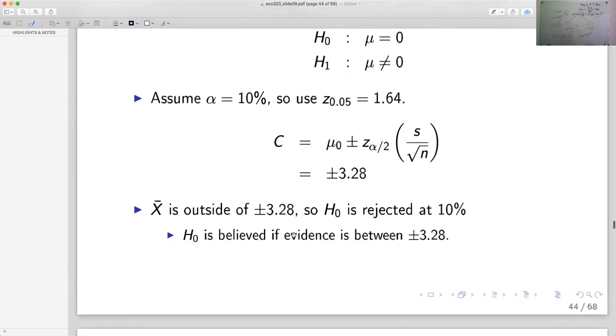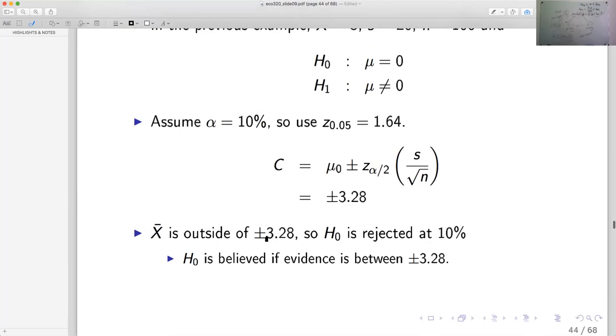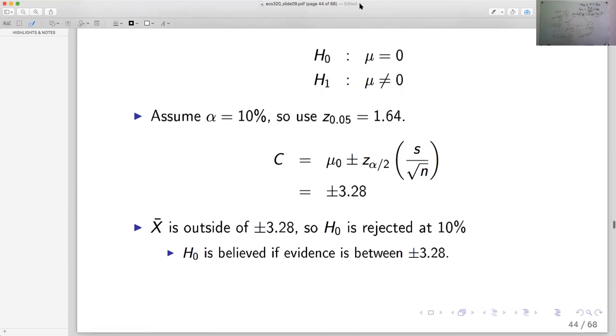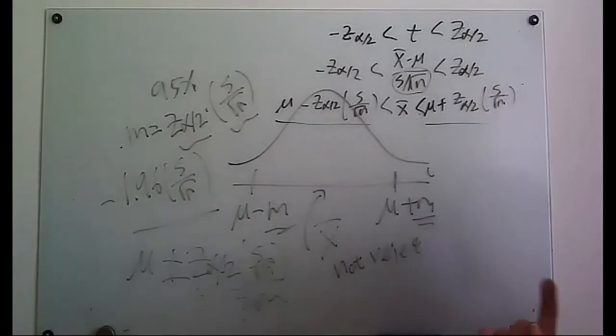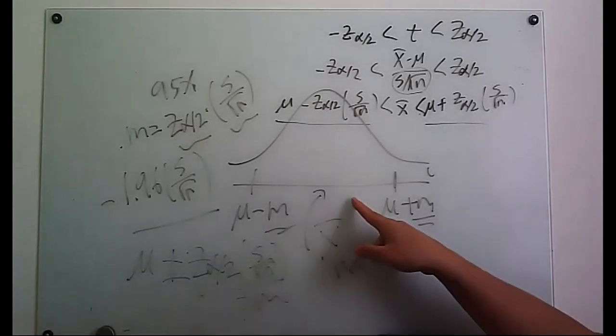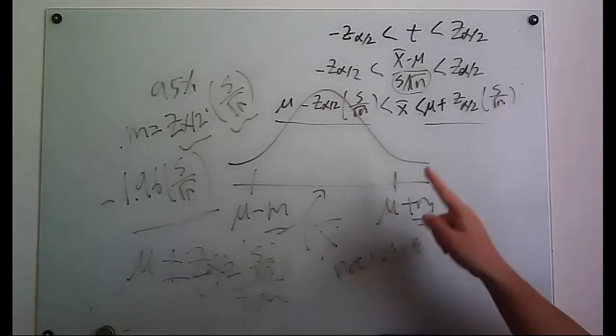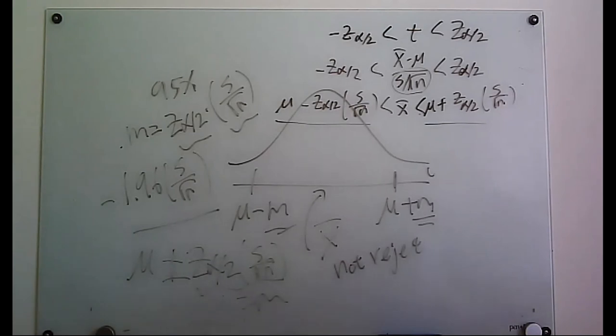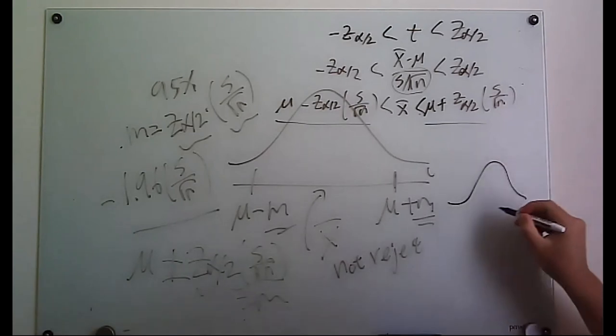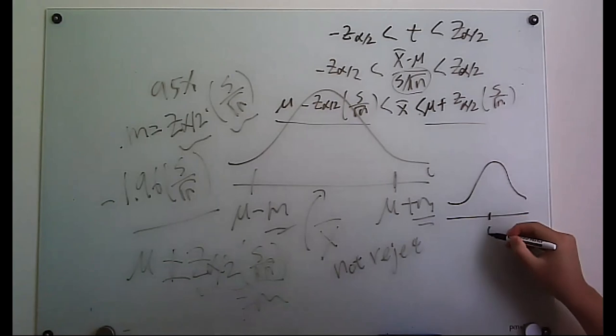So the critical value is like that. If x bar is outside of this, we reject at 10%. The one thing I want to note is that this is before standardization. Previously, with the t statistic and p value, we thought of this as 0, and this was a z value or t value, right?